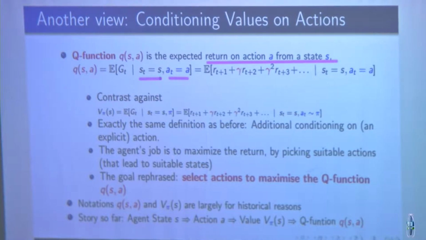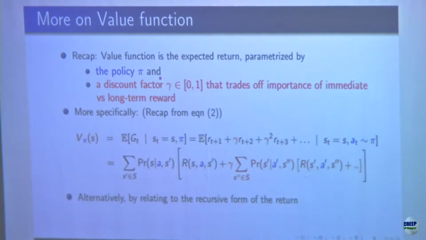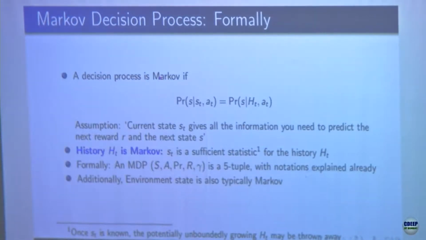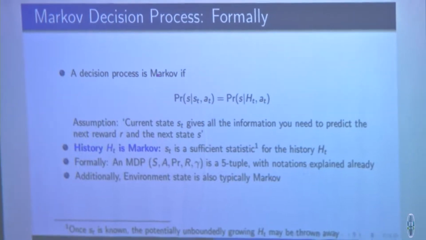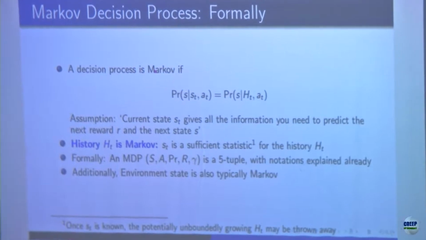I am going to jump ahead; the others are just setting you the context. So formally this is a Markov decision process. What do you have? First the Markovian property, where the probability of the next state given the previous state is the same as the probability of the next state given the entire history, right?